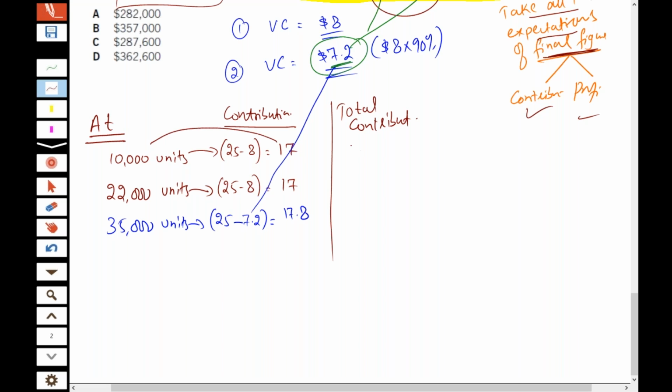That is 170,000, and 17 multiplied by 22,000 is 374,000, and 17.8 multiplied by 35,000 is 623,000.